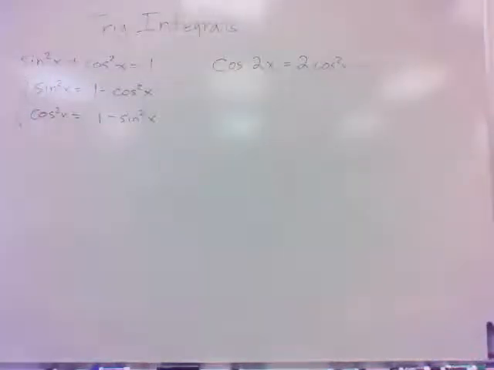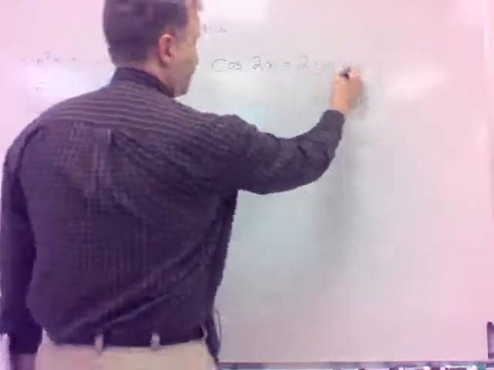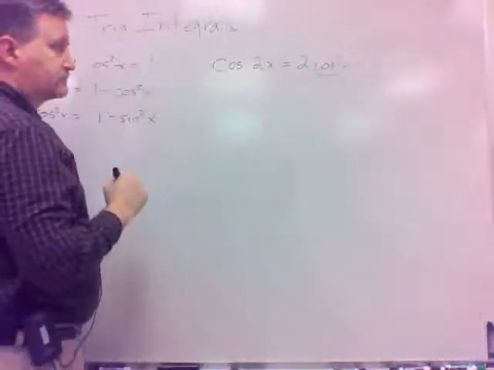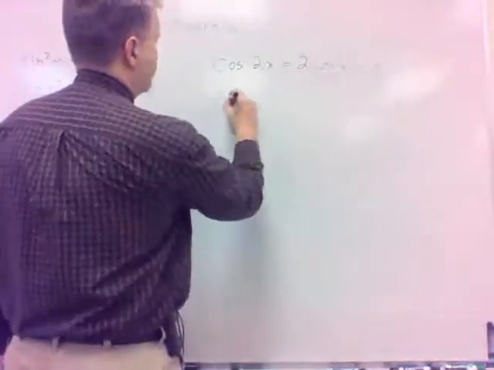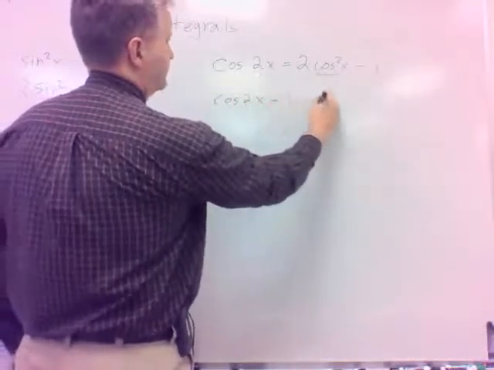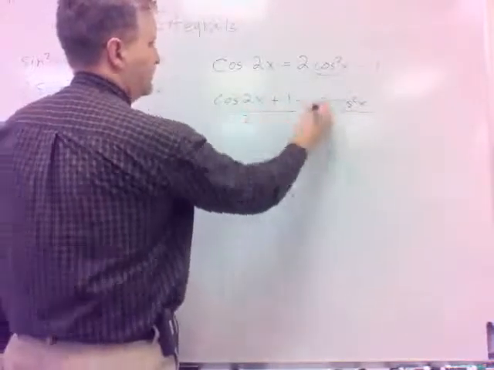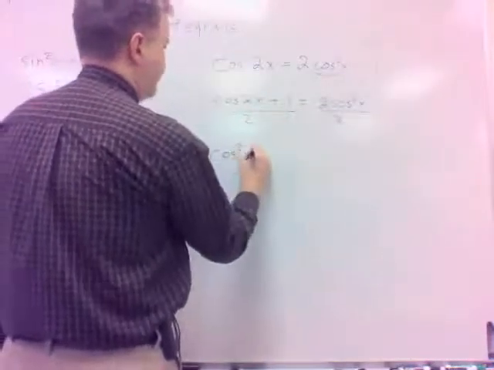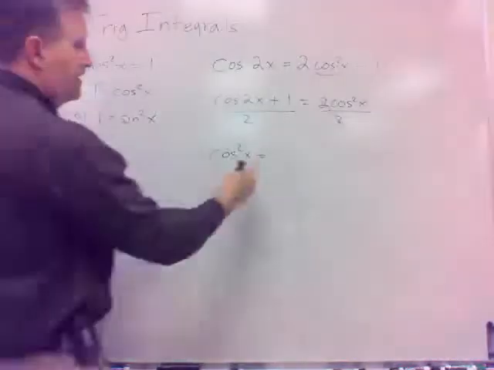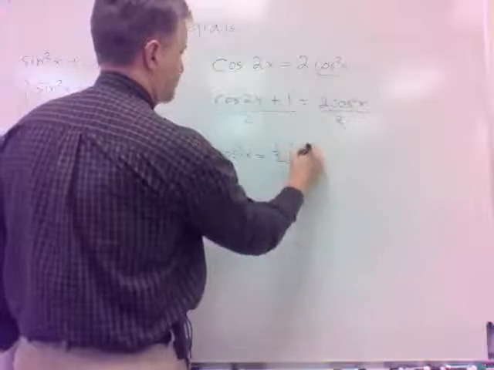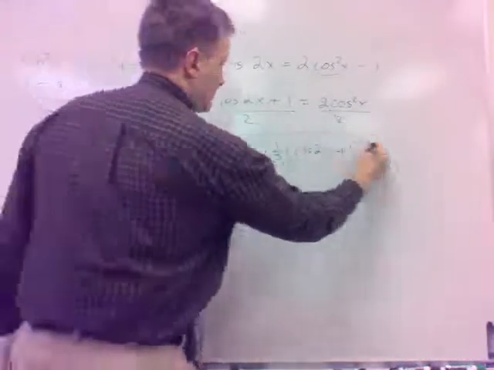Okay, well, the form that will be helpful in integrals is, again, solve for cosine squared. Add 1, so cosine 2x plus 1 equals 2 cosine squared, then divide by 2, and so I get cosine squared equals that. Now, usually the way we write it is 1/2 cosine 2x plus 1. Okay? So this will be a helpful thing.